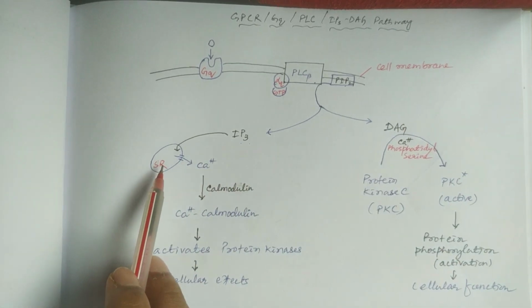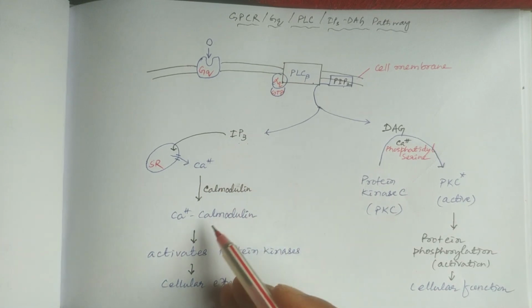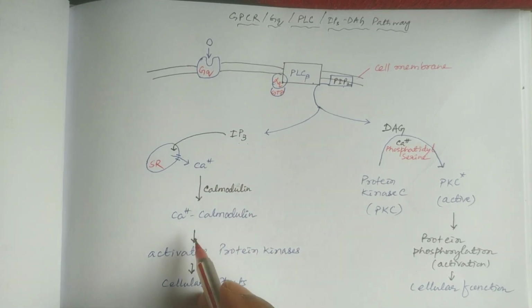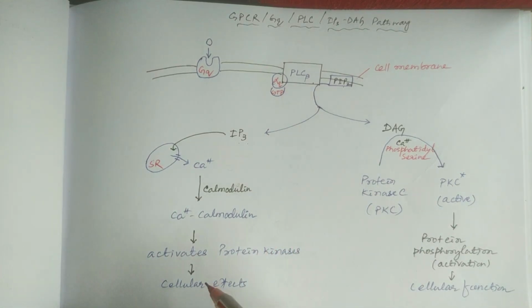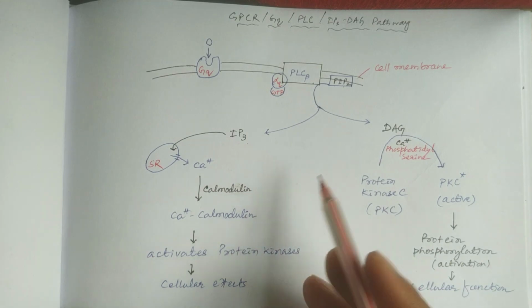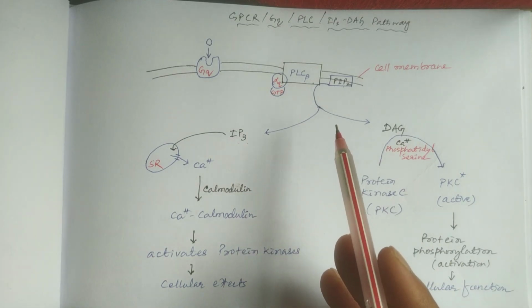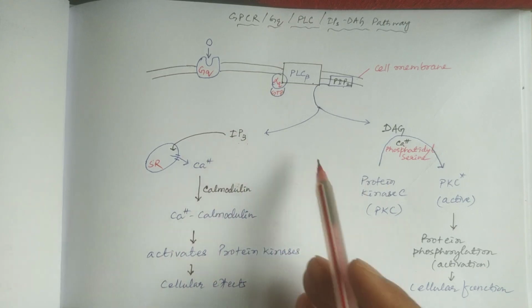IP3 acts on the sarcoplasmic reticulum to release calcium, and calcium binds with calmodulin to form calcium calmodulin complex, which activates protein kinases to produce the cellular effects, mainly contractions of smooth muscles, and in this case acid secretion is also caused by this calcium, that we will discuss how.